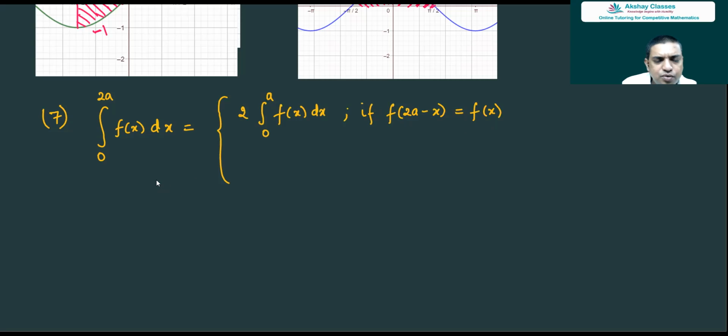This is similar to the odd and even problem, just that here the symmetry is considered about the point x equal to a or the line x equal to a. This is 0 if f of 2a minus x is equal to minus f of x.